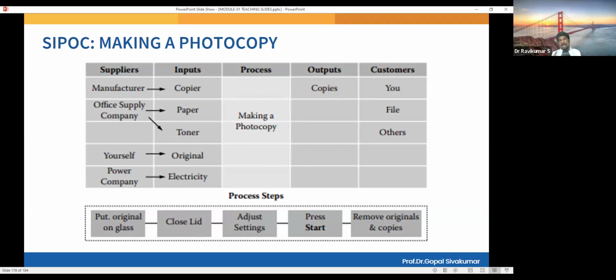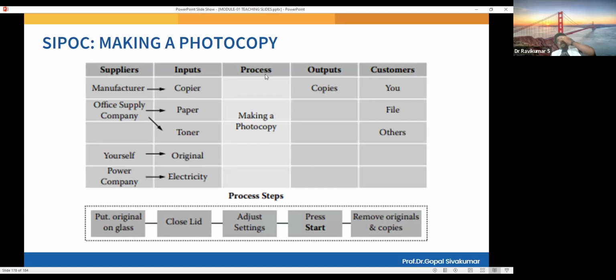SIPOC helps you and your team to understand the process, input, supplier, output, and customers in a bird's eye view, so that if you identify any CTQ, you will be able to connect that CTQ with the proper input and the proper supplier, and you'll be able to travel from there onwards in the correct route.